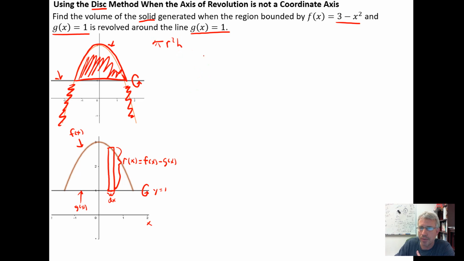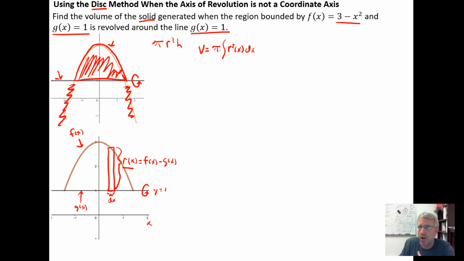So if I start to set up my integral, the volume I'm interested in is going to be pi times the integral of r squared, but r needs to be a function of x, so it's going to be r squared as a function of x, because my heights are dx's.